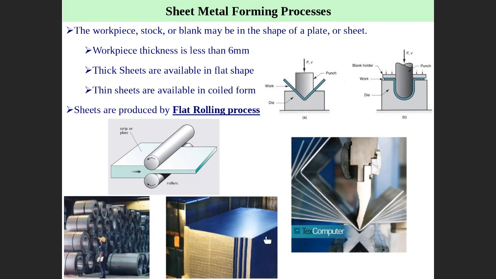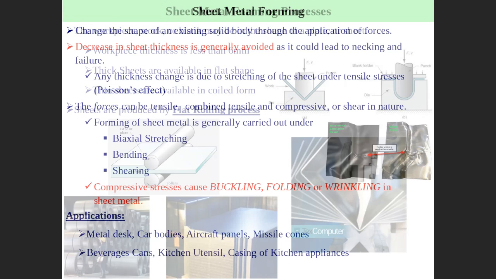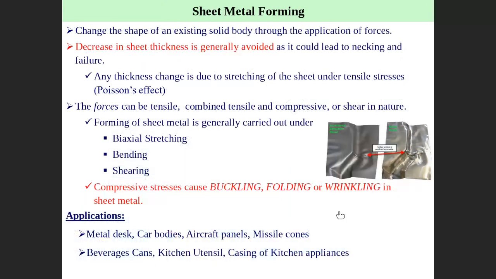Here we can do metal deformation. As you can see here, this sheet we can use to make deformation like bending, like drawing, like whatever process we do on a sheet. So initially the sheet is like this, and here we deform it into a different shape. This is sheet metal processing, right?